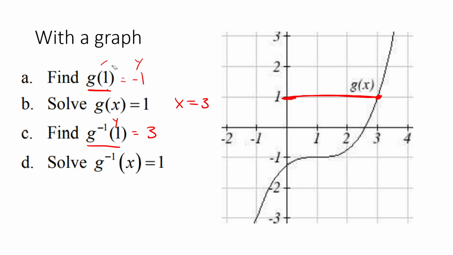And likewise, okay, when we did g of x equals 1, we didn't know the x coordinate, but we did know the y coordinate. Okay, so now it's going to be backwards. We don't know the y coordinate, but we do know the x coordinate, right? The inverse does the opposite thing.